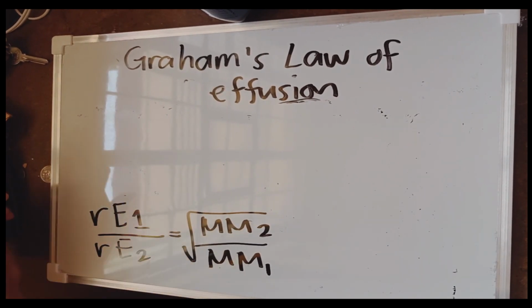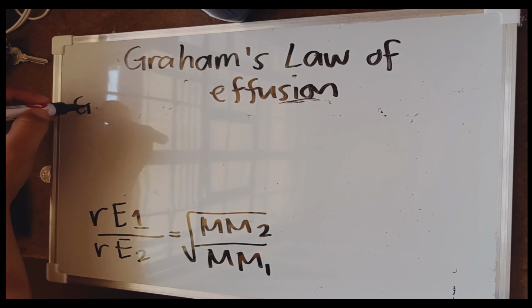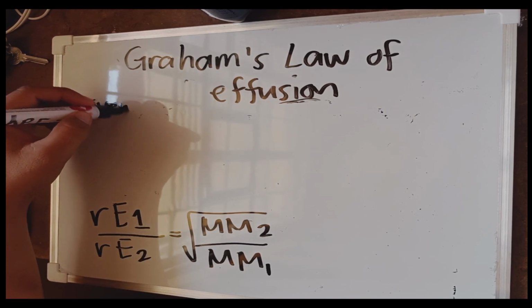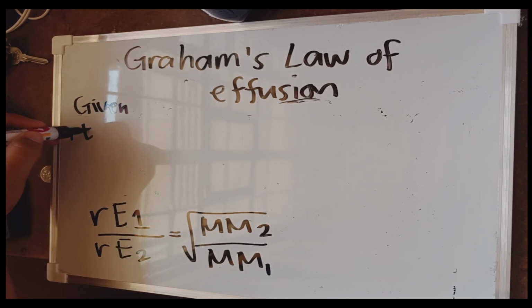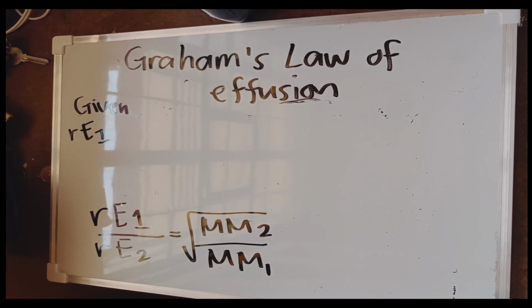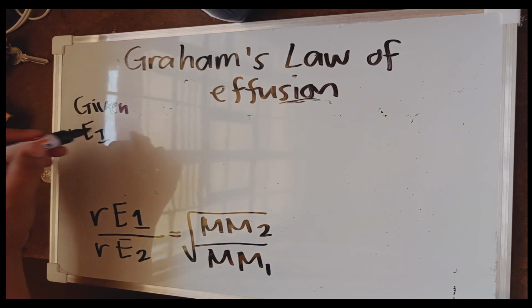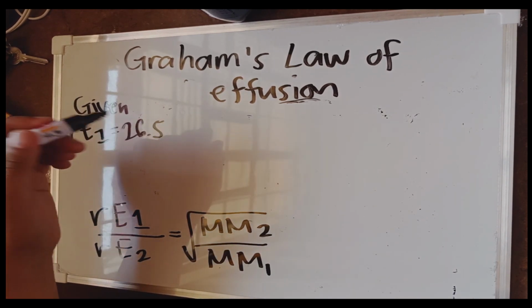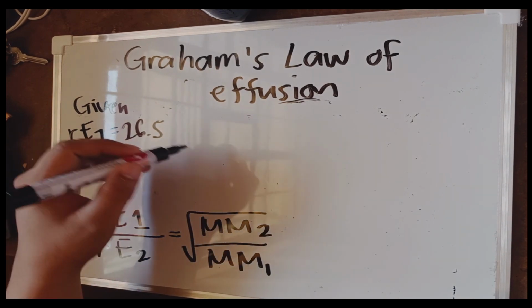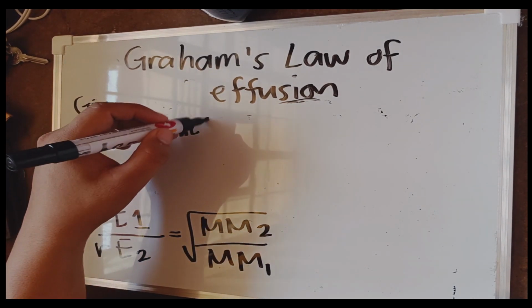Okay, for example, you have a given. I write here, given. Your rate of effusion 1 is equal to 26.5. Since it's a rate, it is expressed in ml per minute.